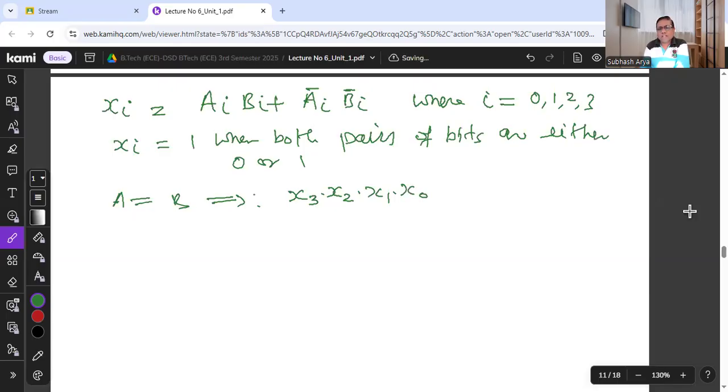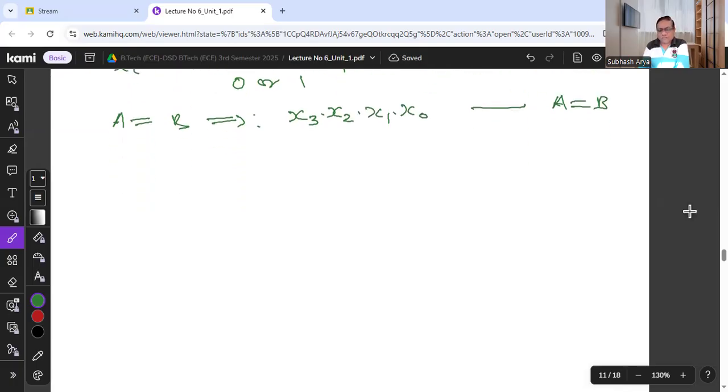Then only we can say that number A is equal to number B having 4 bits each. So by implementing X3 with the help of an exclusive NOR gate, then A2, A1 and A0 each with an exclusive NOR gate, these bits will come, and with the help of the AND operation of these 4 outputs will give you the equal condition output.